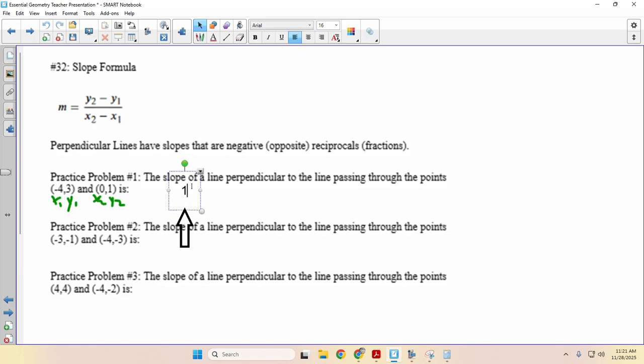So it's always going to be minus. So we're going to go minus 3. And that is going to be the top of my fraction. And on the bottom of my fraction, where the x2 is, I'm going to put in 0.